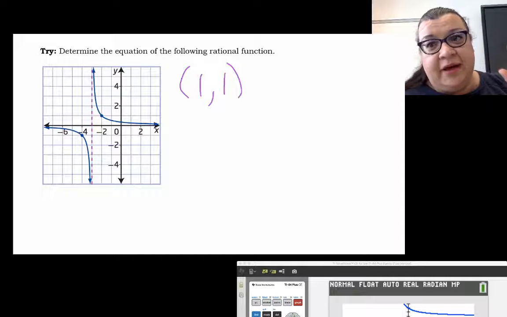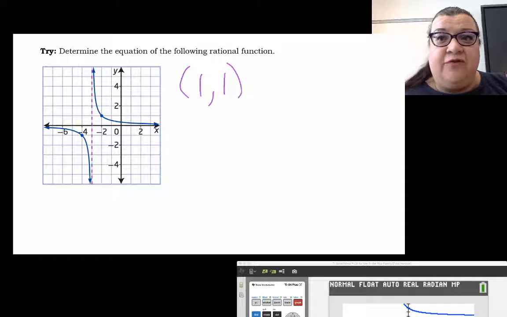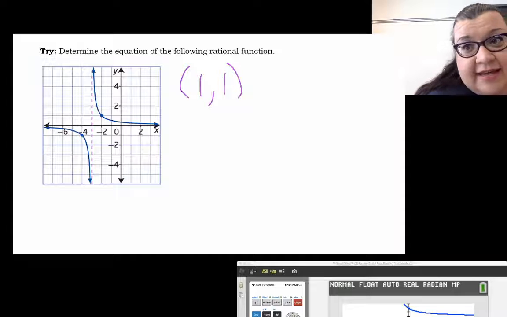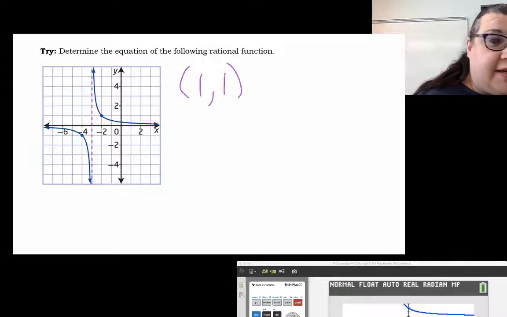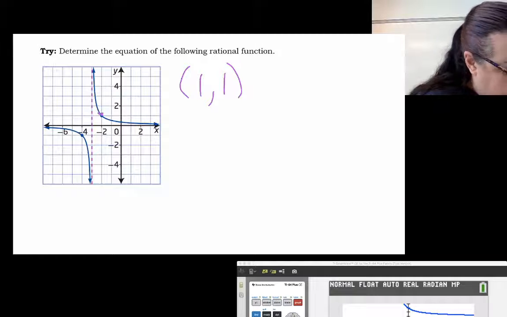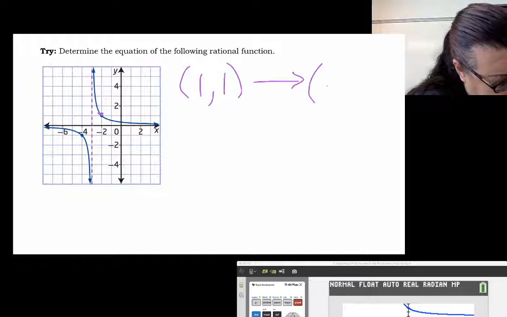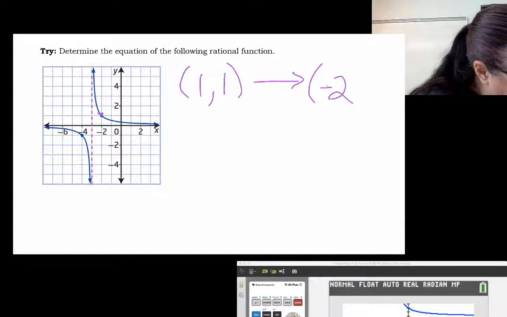Over 1, up 1, because if x is 1, then y is 1 over 1, which is 1. So then you could take a look at where that equivalent point is on your new graph. So that point is here at negative 2 and 1.